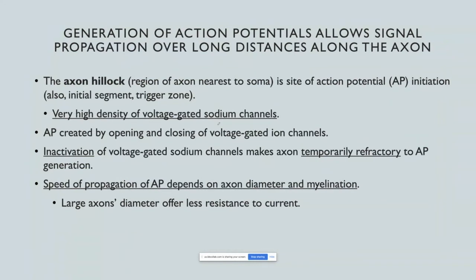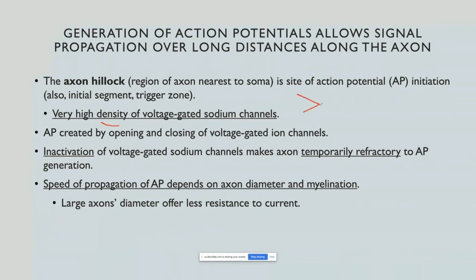And also we understand the importance of the axon hillock, which is the integration center of the neuron. It is the beginning of the axon, the region of the axon that is nearest to the soma, where the action potential initiates. It's also called the trigger zone or initial segment. This area is the part of the neuron that has the highest density of voltage-gated sodium channels.